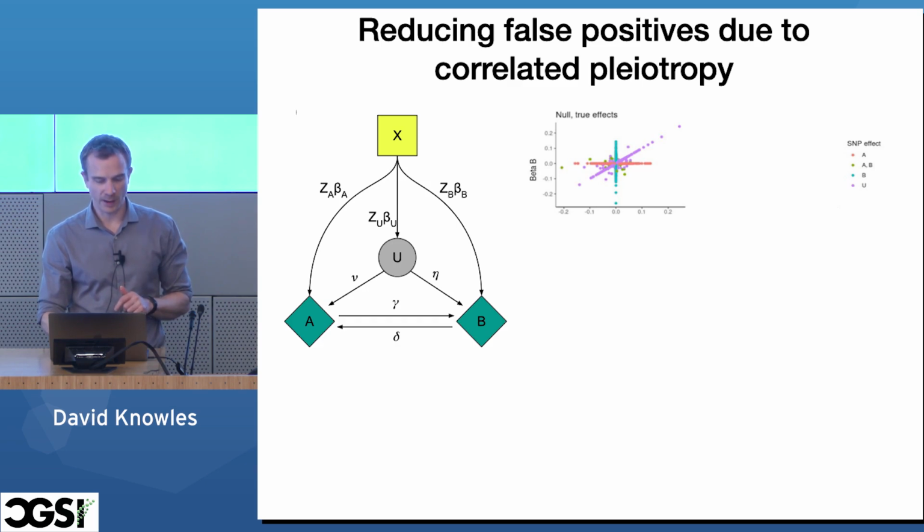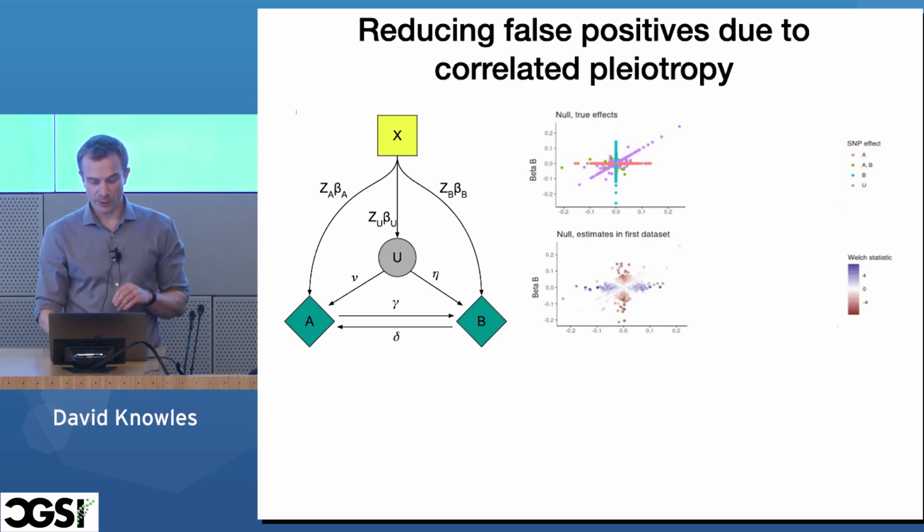SNPs that affect only B are these cyan points. And then SNPs that affect U, and therefore indirectly affect A and B, are going to correspond to these purple points. These are the true effects of the SNPs; in practice we have to estimate these, so there's going to be noise on top of these values. And in this setting, this is the null where there's no true causal effect of A on B or B on A.